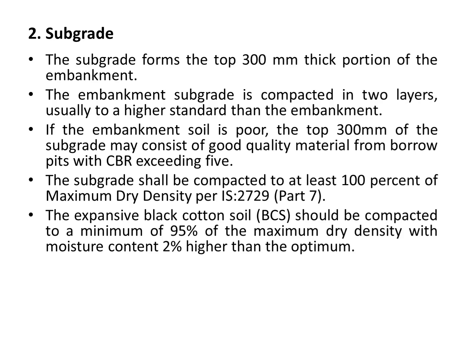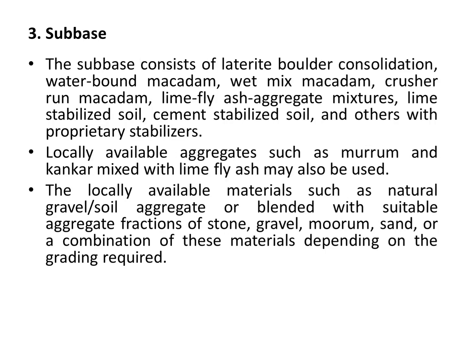The subgrade shall be compacted to at least 100% of maximum dry density according to IS 2720 Part 7. In the case of expansive black cotton soil, it should be compacted to a minimum of 95% of maximum dry density with moisture content 2% higher than the optimum.